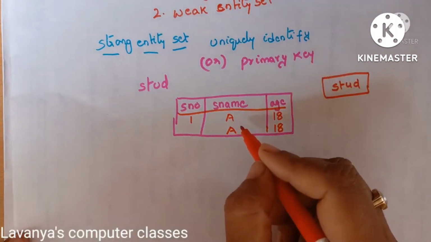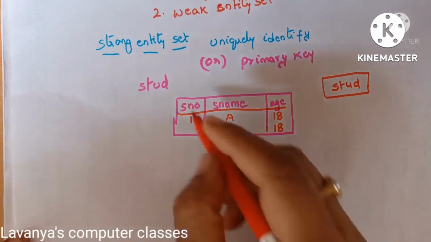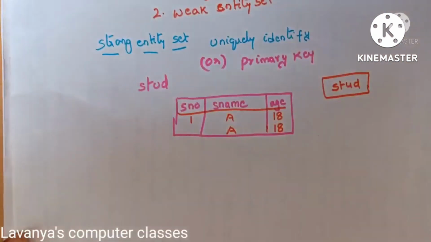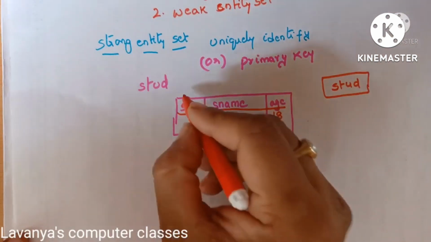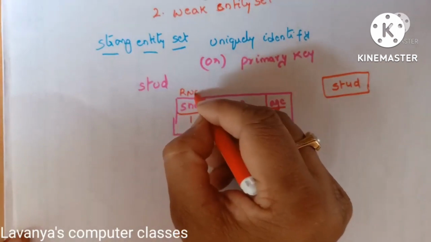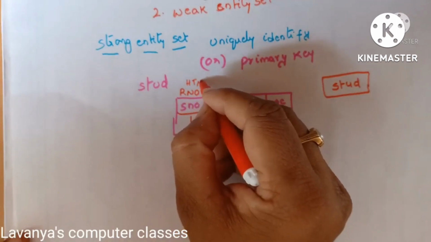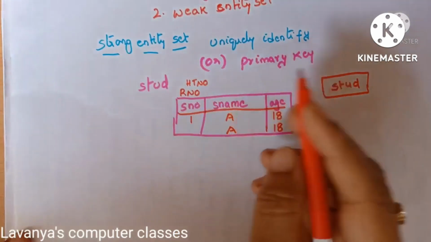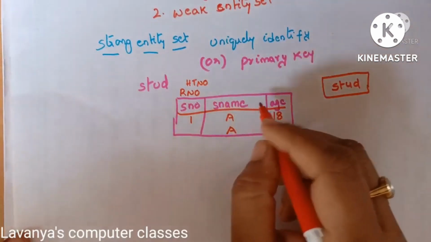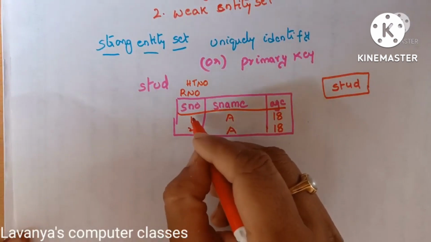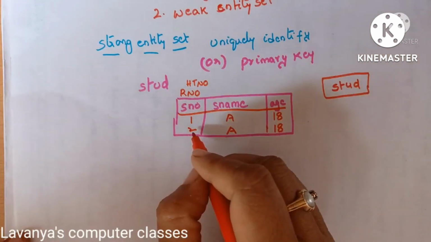But how can you identify one student from another? We need one attribute that should be different, unique, like your roll number or your hall ticket number, because hall ticket numbers are not common from student to student. So here 1 is the roll number of the first student, 2 is the roll number of the second student.